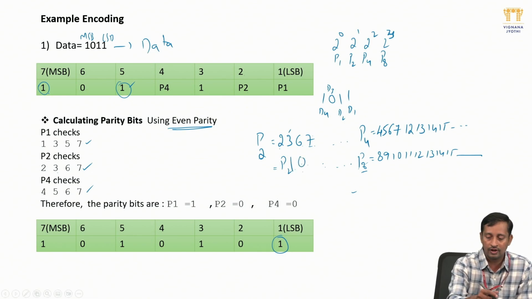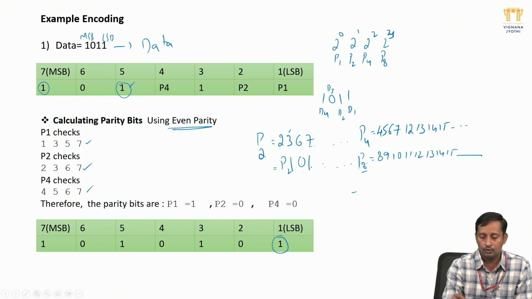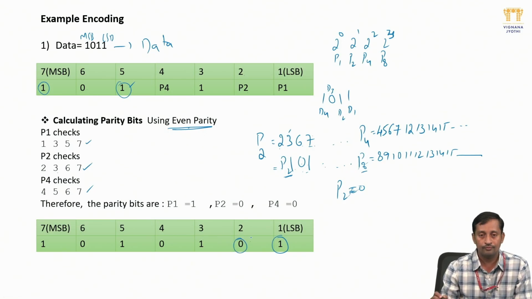And in the 7th position, we have again 1. Now using even parity, count the number of ones. We have 2, so it's an even number. So what should be the P2 value? P2 should be 0. Hence P2 equals 0. If I make P2 equal to 1, then it becomes 1, 2, 3, an odd number. But we are transmitting using even parity. So your P2 value should be 0.